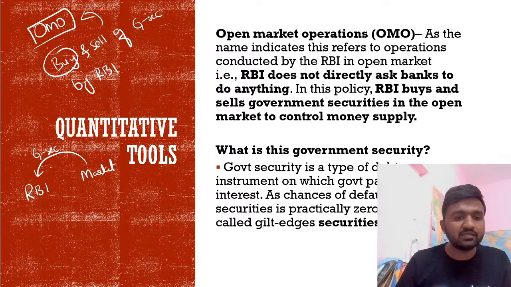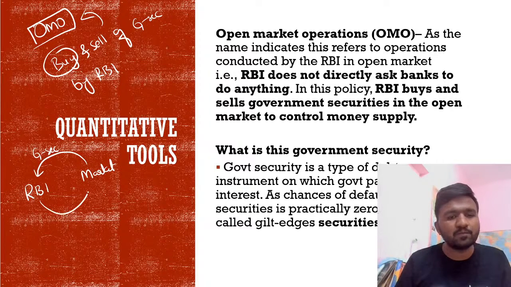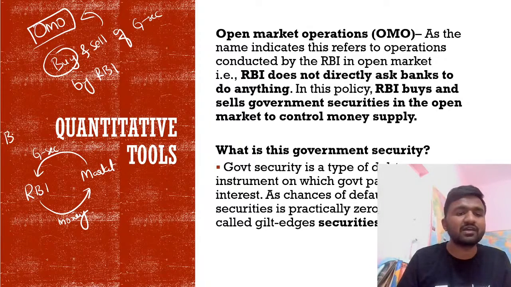So from the market, the government security is coming towards RBI. If they buy government securities, they have to pay money to whoever they are buying from. This is one case where RBI is buying government securities.